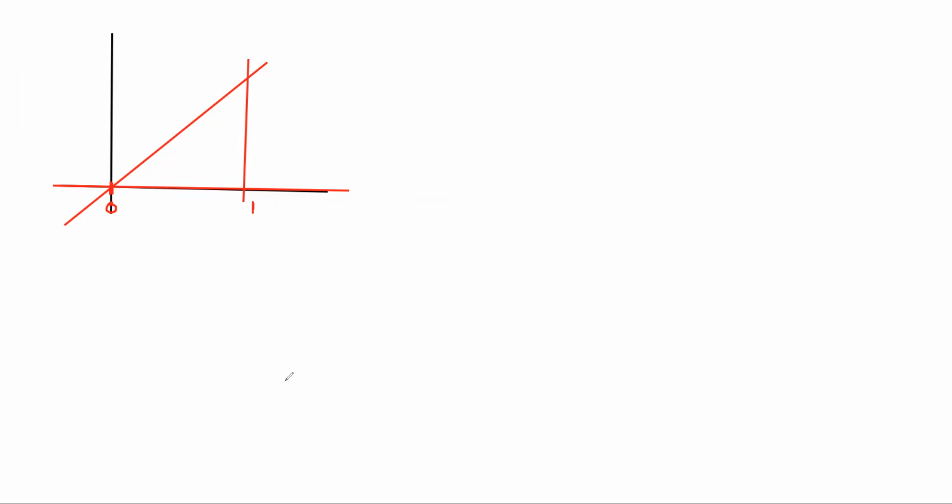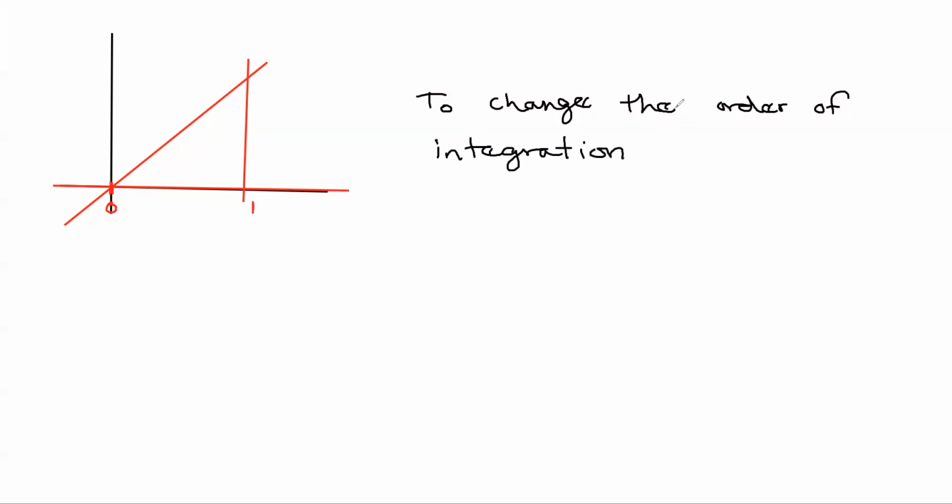All right, so to change the order of integration, what we need to do is go through and reverse the dy dx, right? So let's just write this down. To change the order of integration, we have to reverse the dy dx and create new bounds using your sketch.